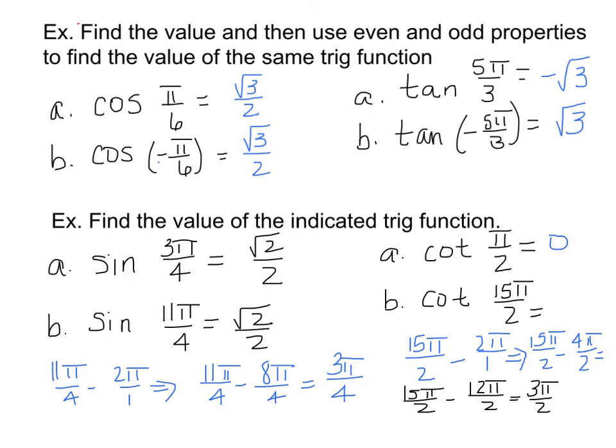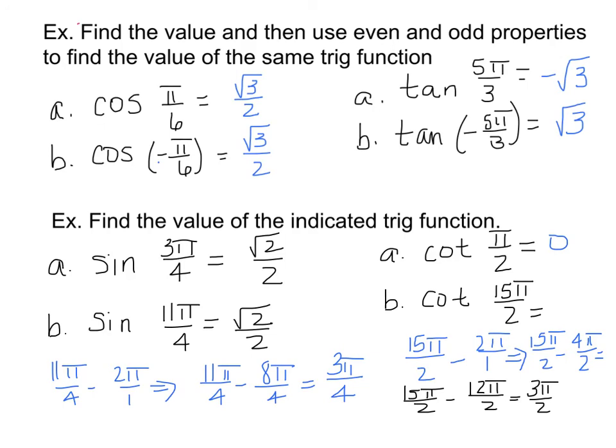So basically we're looking for pi over 2, and if you notice, 3 pi over 2 and pi over 2 don't land in the same spot.